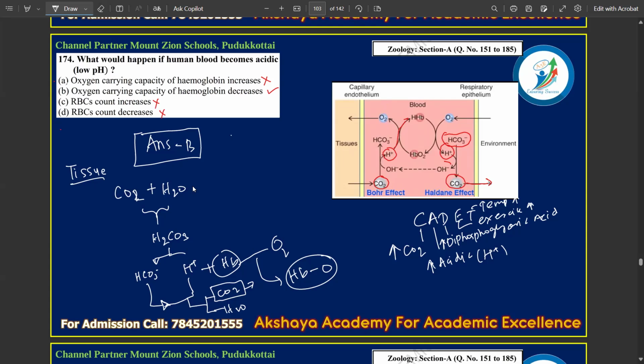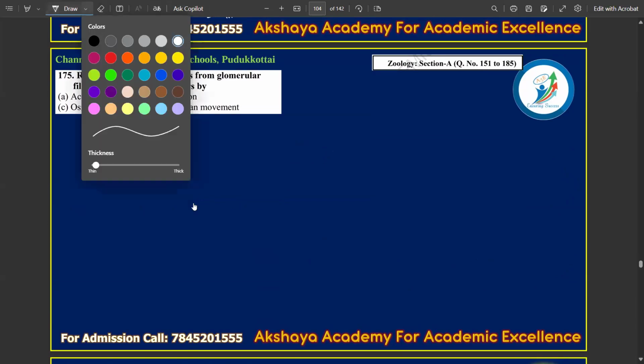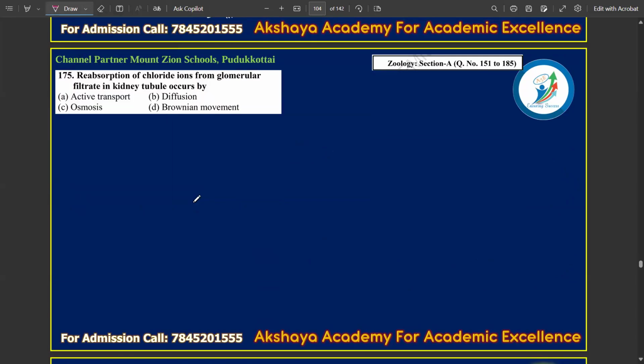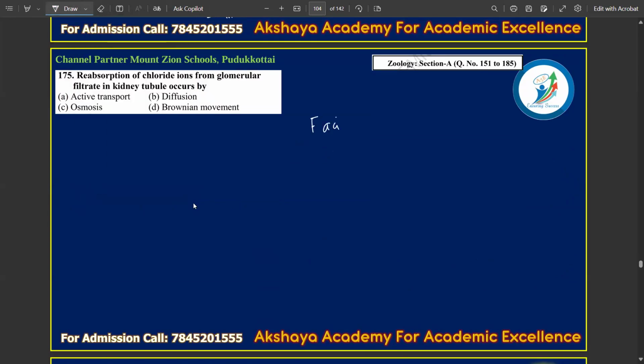The next question is: reabsorption of chloride ions from the glomerular filtrate in the kidney tubule occurs by. Now in kidney tubules, this occurs by a process called facilitated diffusion.